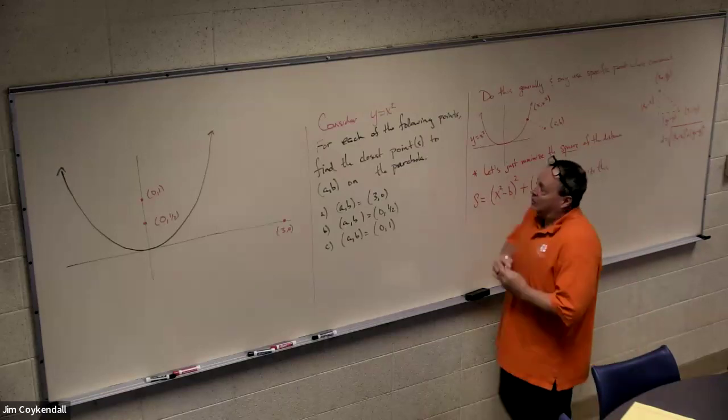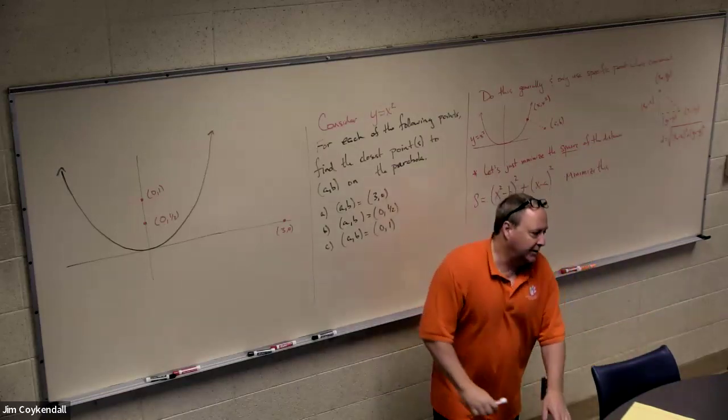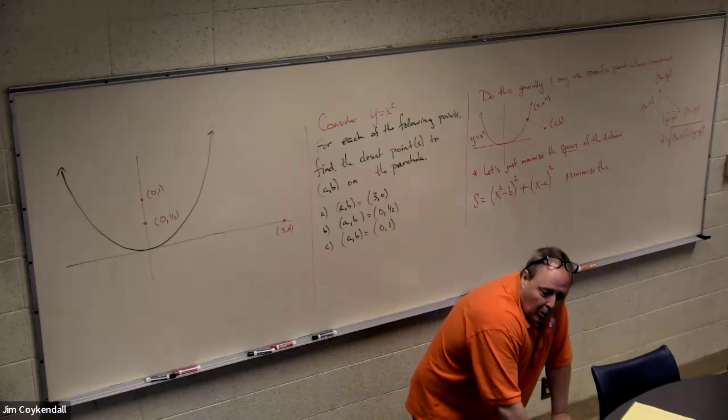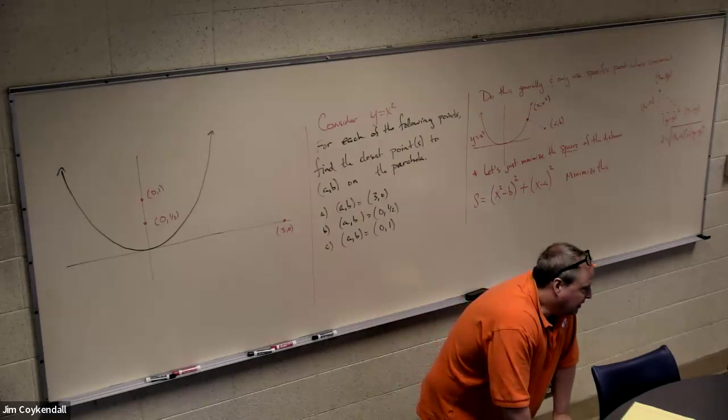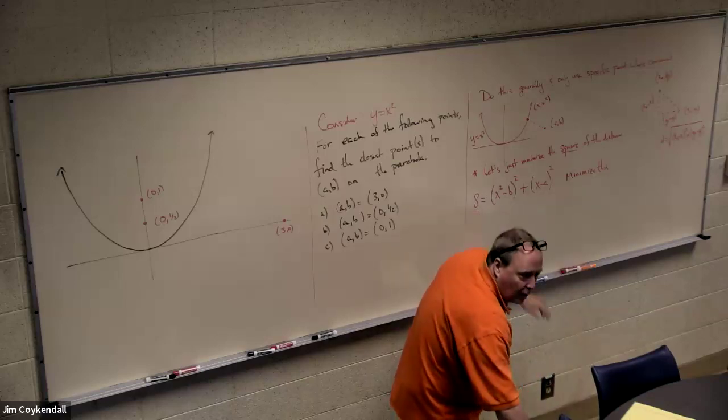Because actually, if you look back at the question, it doesn't even ask what the distance is. It asks what's the point that's closest. So I don't even have to tell the distance, I just have to tell the number. And even if I had to tell the distance, I'd just take the square root of it.